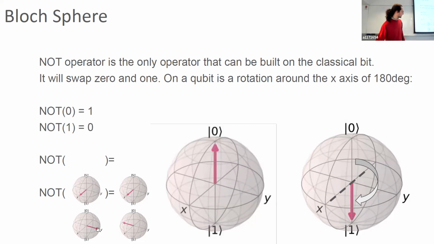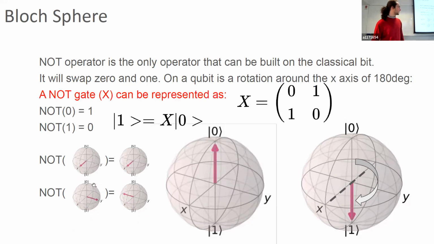Instead, if you start from the qubit in a state of Y, the point at 90 degrees from the axis, that gets flipped, a bit like the North Pole into the South Pole. So in this case, the state becomes minus itself through the NOT operator. Good. So now we can figure out what happens to any other point on this sphere: it will be turned by 180 degrees around the x-axis.